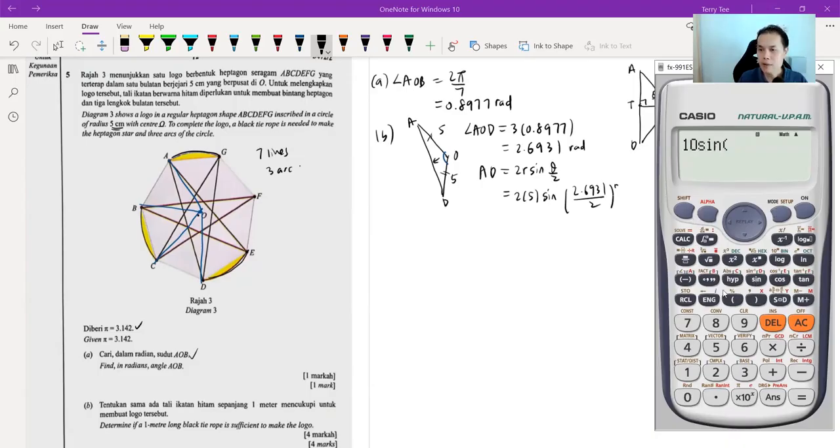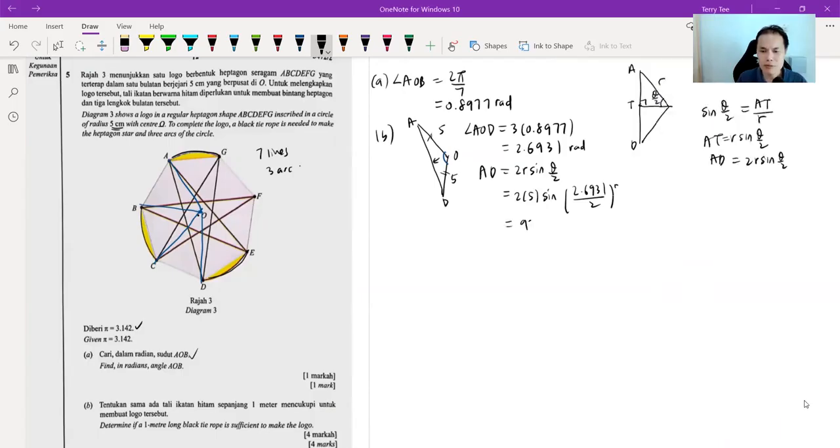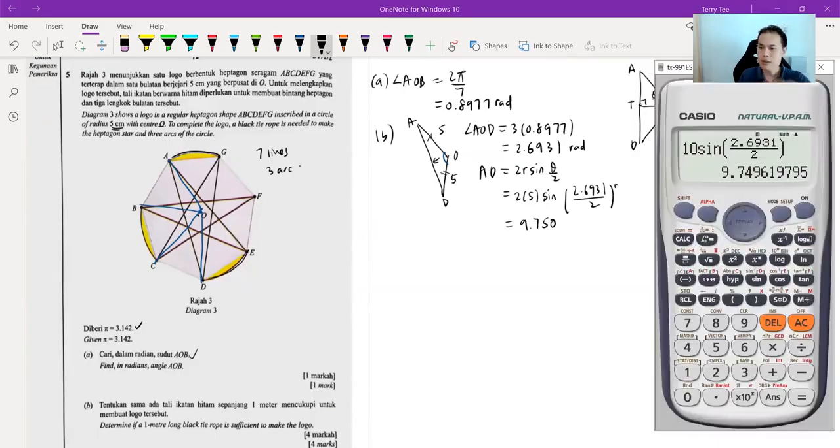Sine, take 2.6931, divide by 2, and my answer is 9.7496. It's safe to write 9.750. No need such accurate answer, 9.750 is good enough. That's the length of AD.